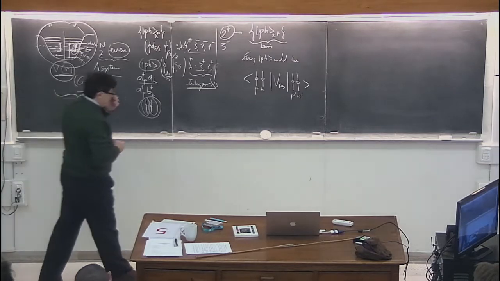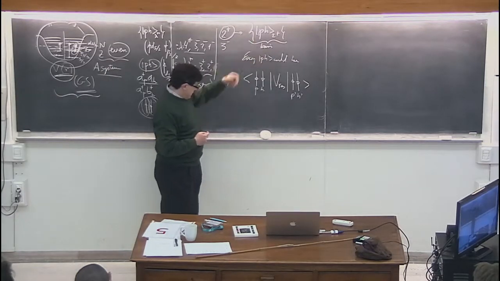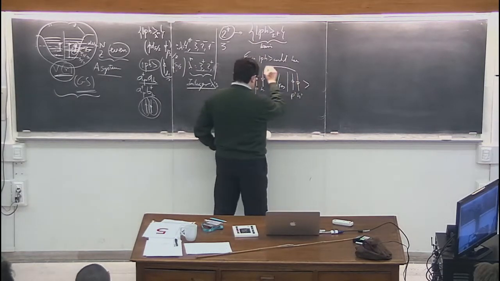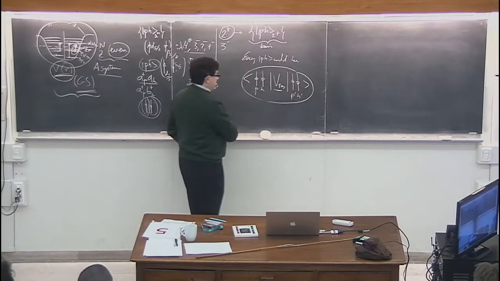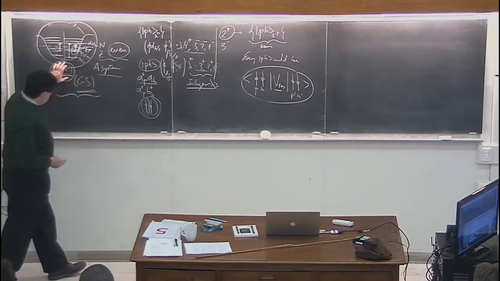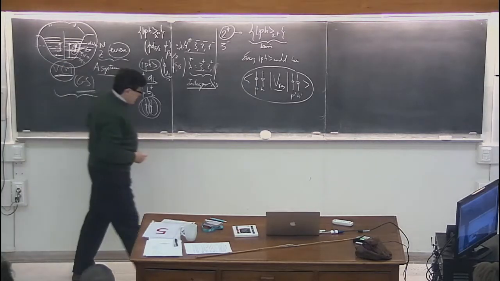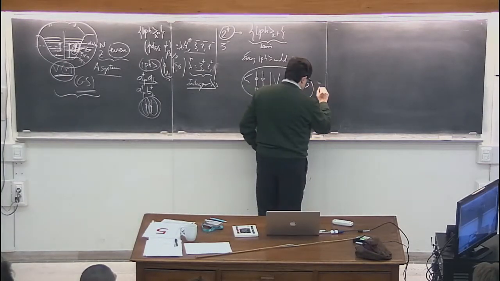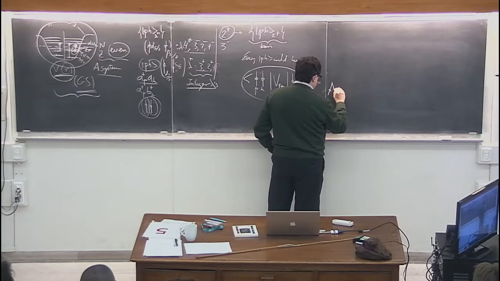So they will interact among themselves. This matrix element, due to the fact that the central potential is not the full Hamiltonian, can be diagrammatically expressed like this.